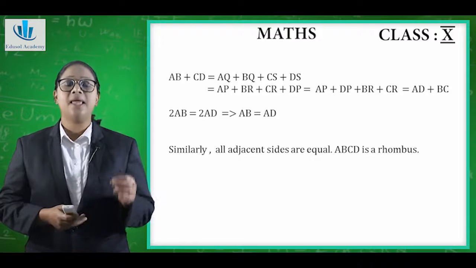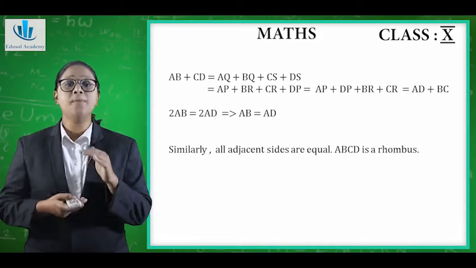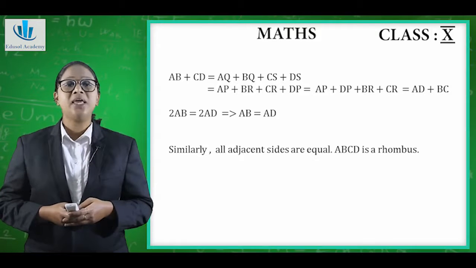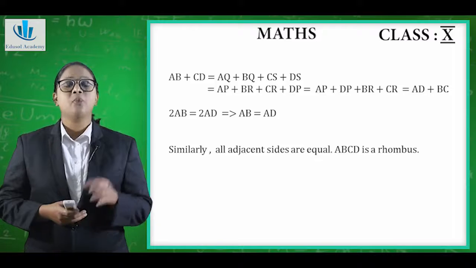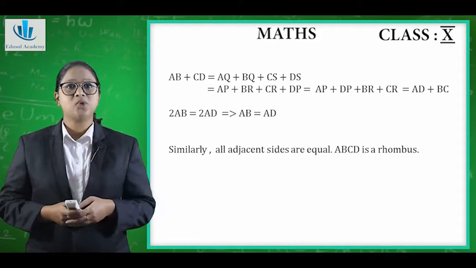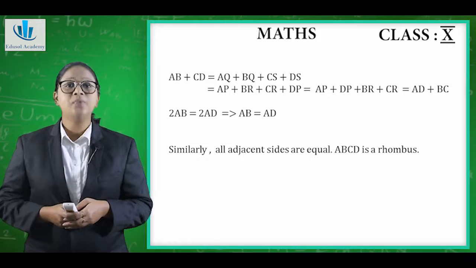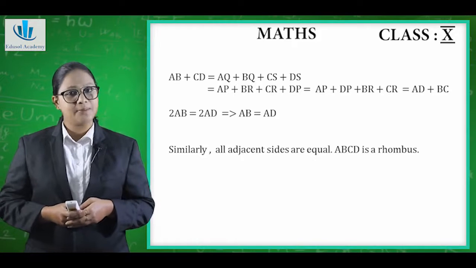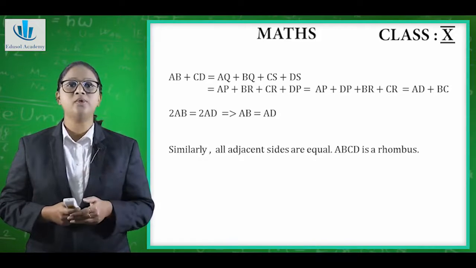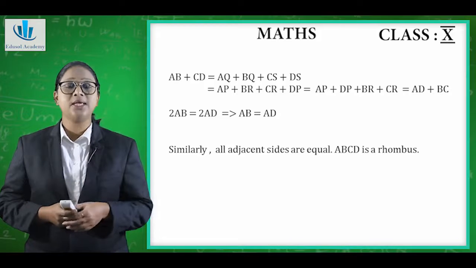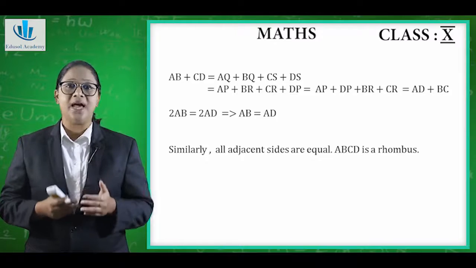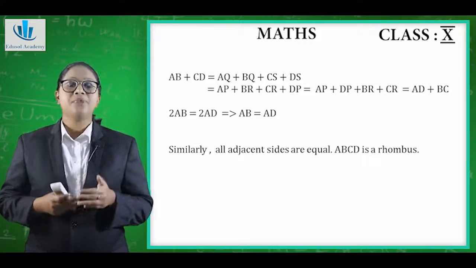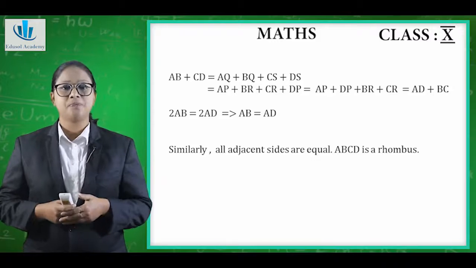Again, starting from AB plus CD or sum of opposite sides, we can replace AB and CD with their constituent parts. So AB can be written as AQ plus BQ and CD can be written as CS plus DS. Now those can be replaced with their equal values, and upon rearranging we can prove that AB plus CD is equal to AD plus BC.